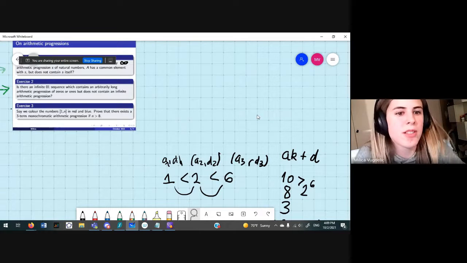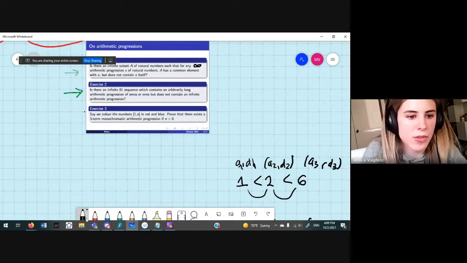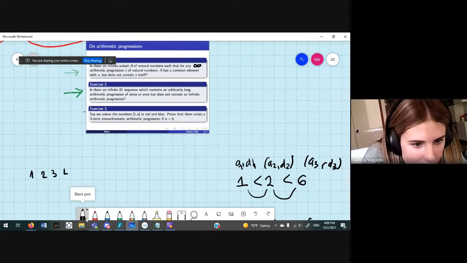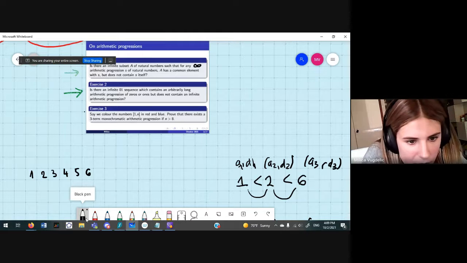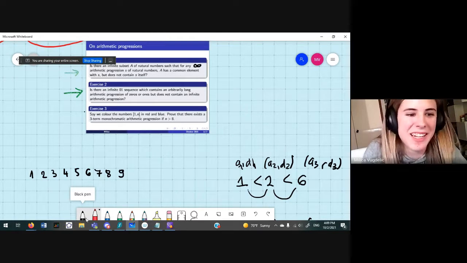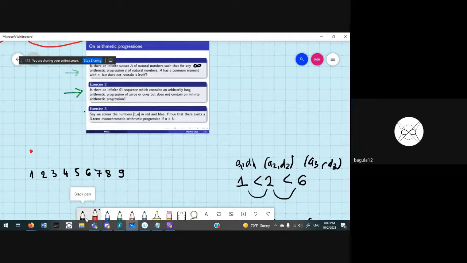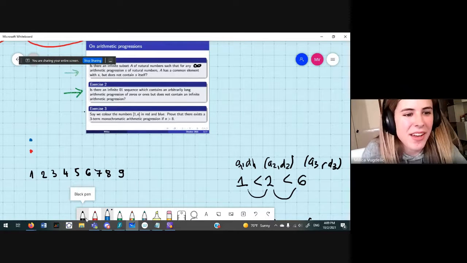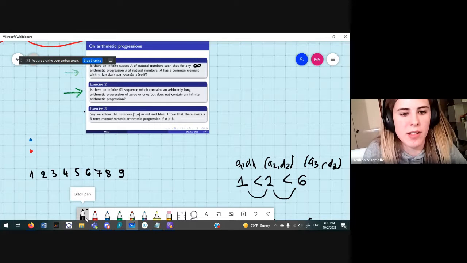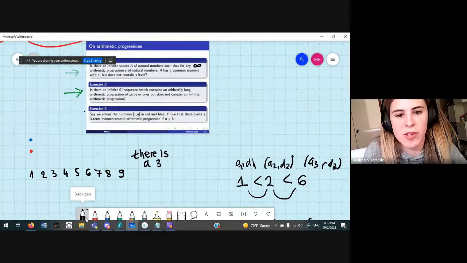So the point is, if we have numbers from 1 to 9 and we are giving them two colors, then there is a 3-term AP.